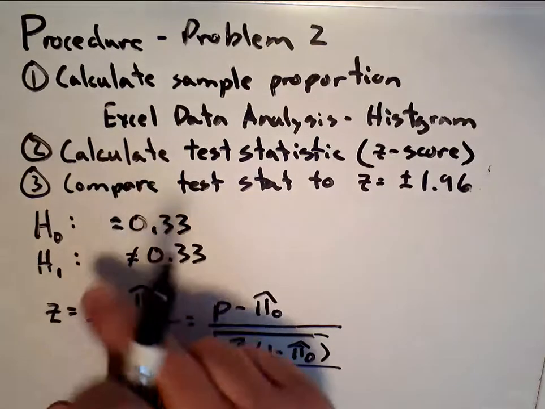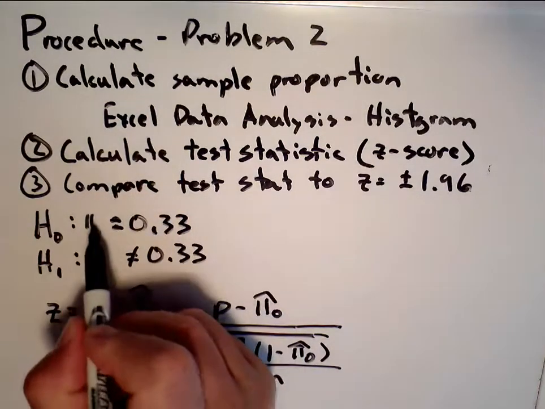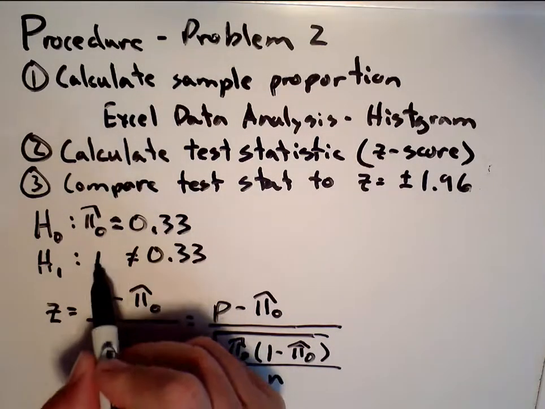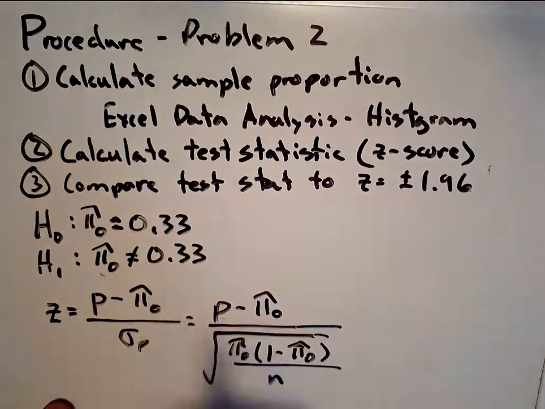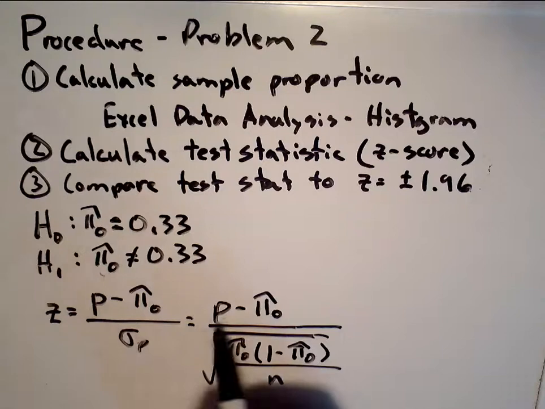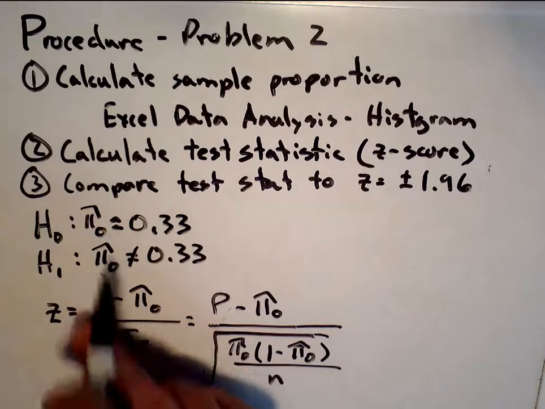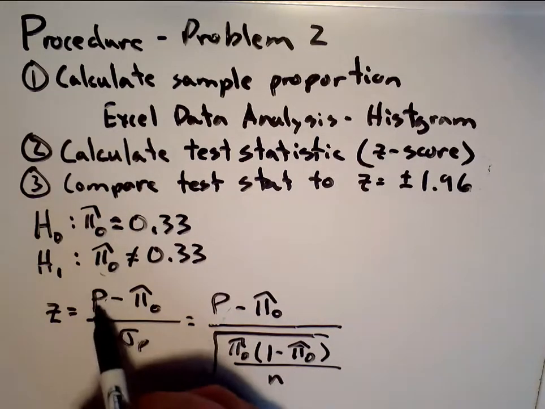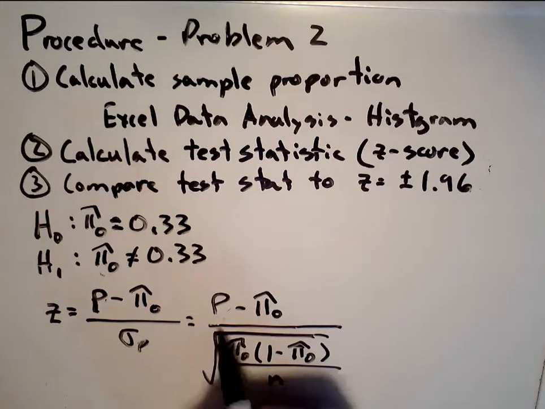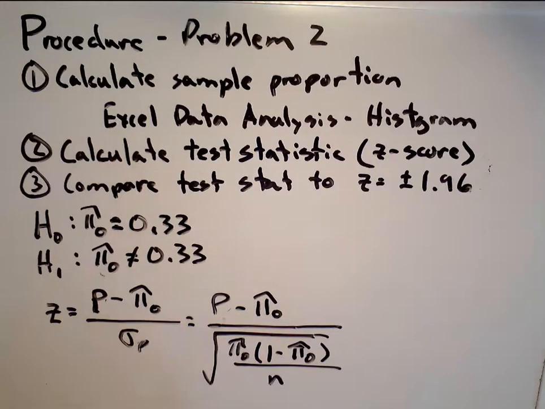Sorry, the confusion here was mine. This is our hypothesized population proportion. P here, don't confuse that with p-value. This means proportion in this case. That actually should be a capital P. Does it look like one? Now it does. Is the sample proportion.